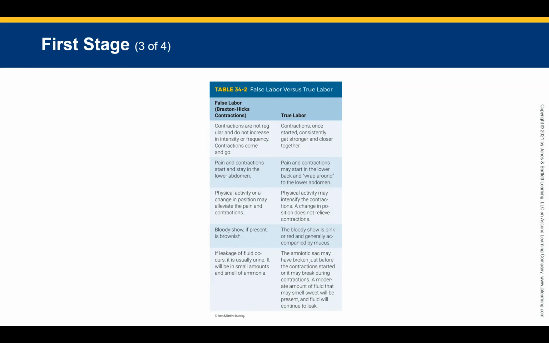The biggest thing there is Braxton Hicks. If the bloody show is brown, it's more of a Braxton Hicks. In true labor, the bloody show is pink or reddish and generally comprised of mucus. Those are some of the things that stand out. If you see any type of blood, make sure to note the color.